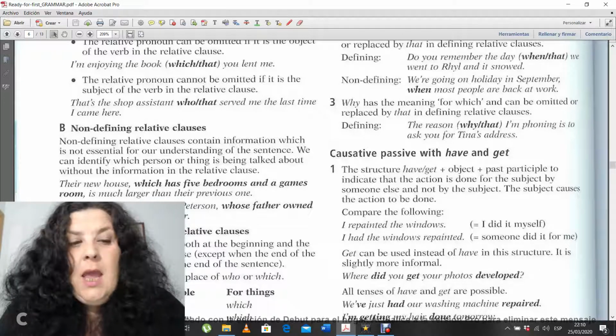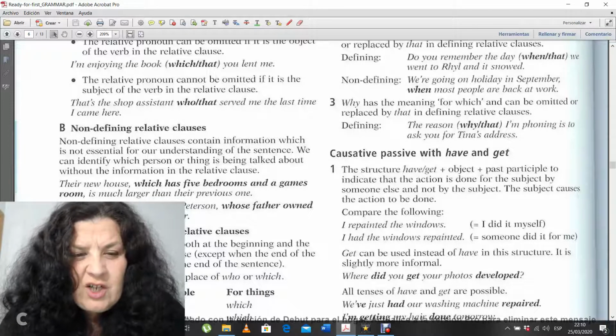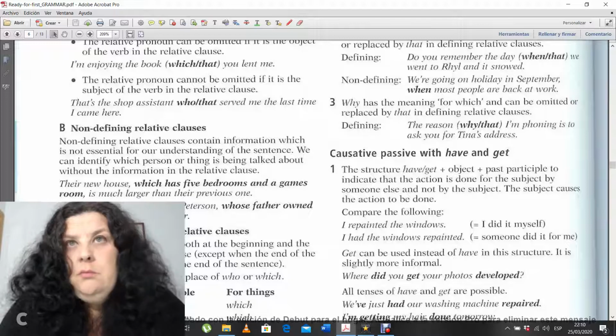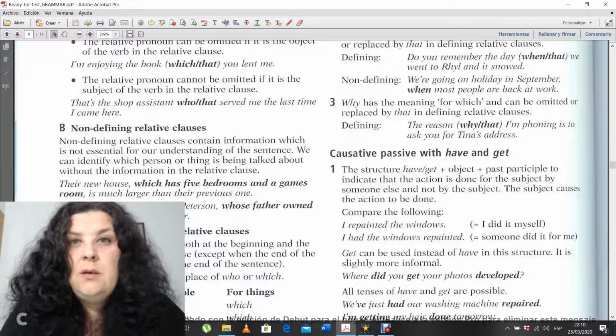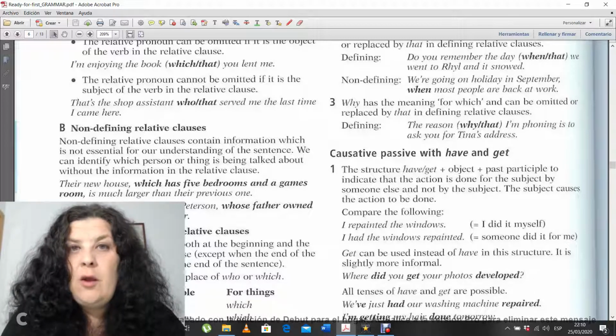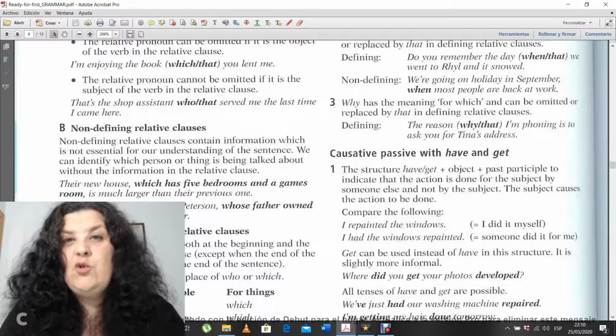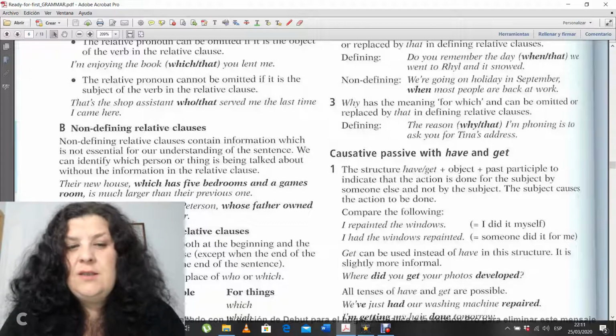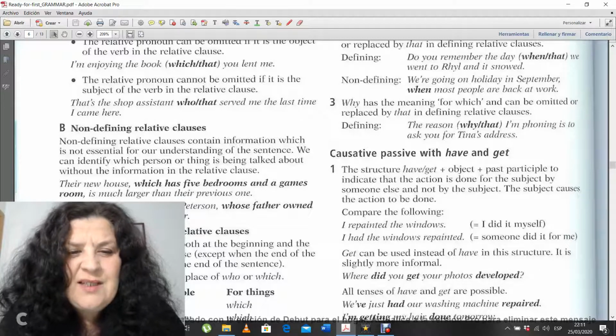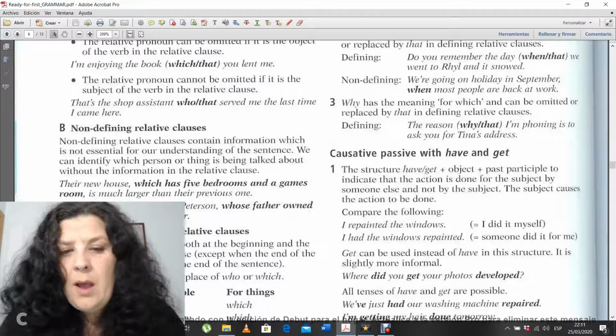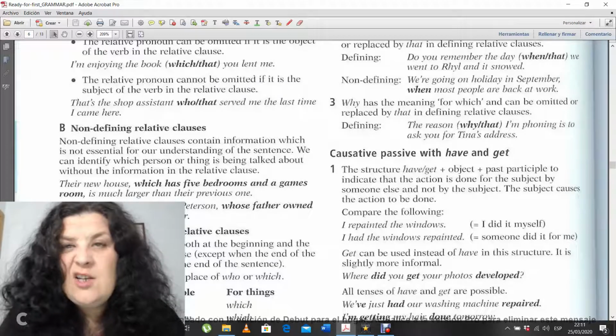So I could say their new house is much larger than their previous one, and it's okay with that. So the clause that goes between commas is just some extra information which is not necessary to understand the whole sentence, right? Or other parties spoke to Mr. Patterson, comma, whose father owned the companies he worked for.